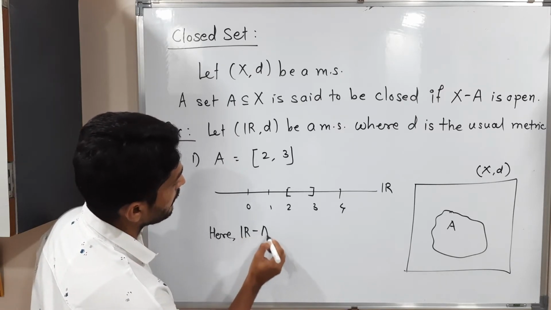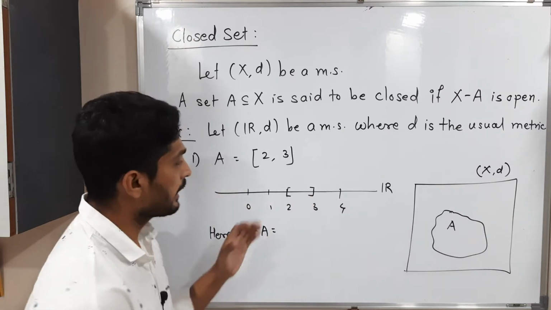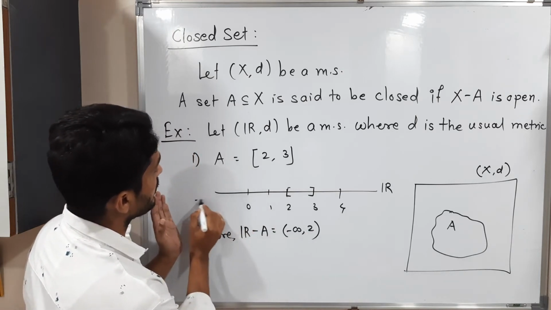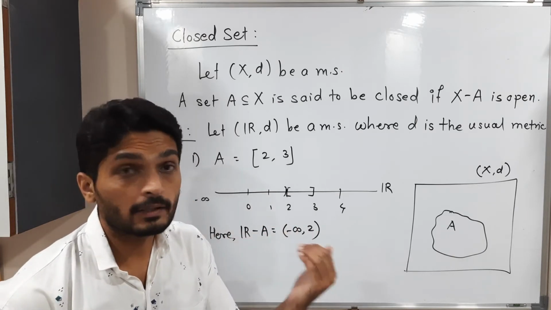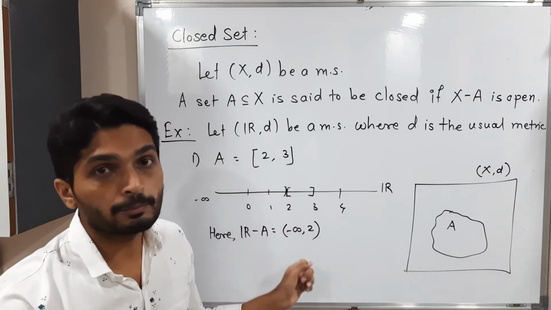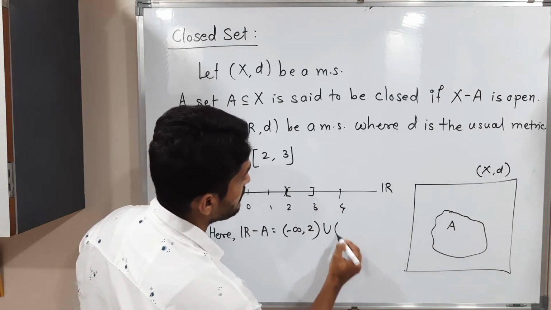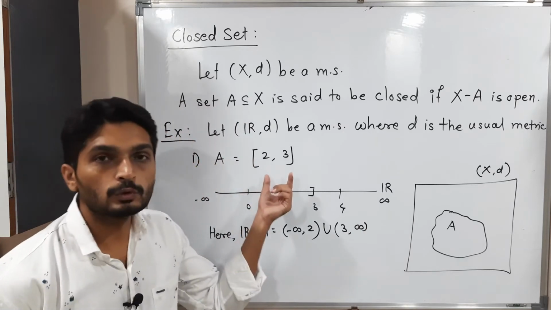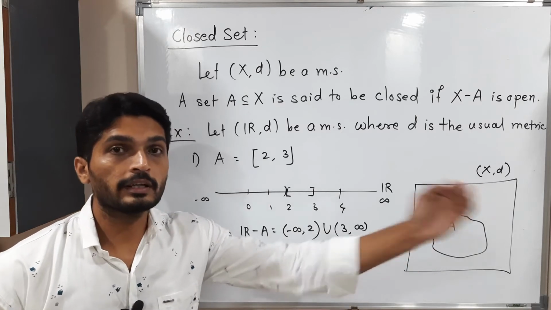Here, R minus A. So if you remove this closed interval from the real line, what will we have? We will have minus infinity to 2, this part of the interval. I have written an open interval since 2 is in A, so it will not be in its complement. Union, that part, that means 3 to infinity. So the complement of the closed interval [2, 3] is (minus infinity, 2) union (3, infinity).